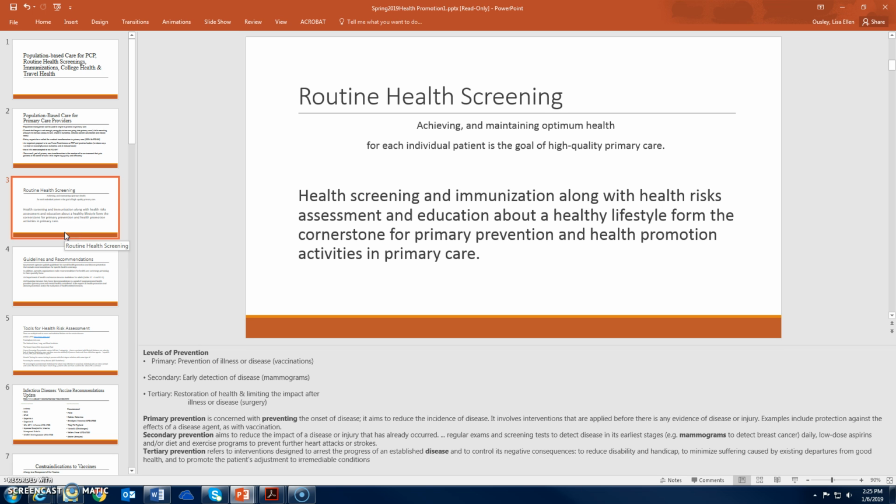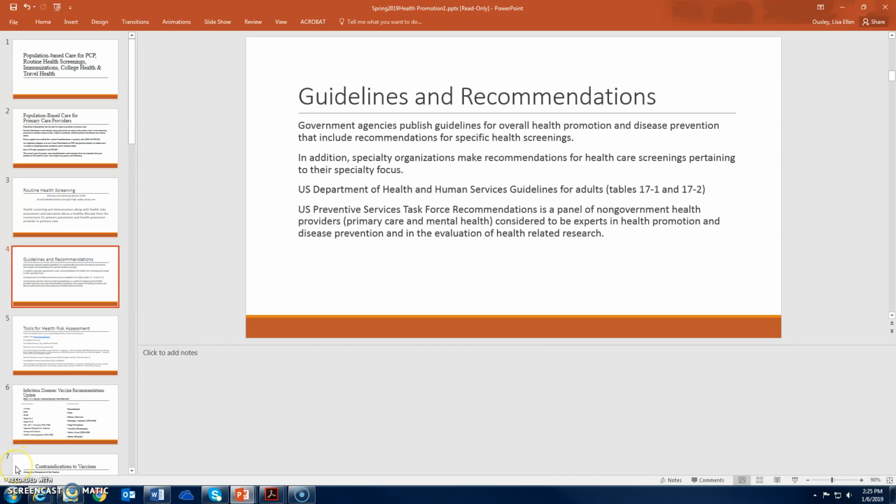So which health screenings are considered routine? It really varies between organizations or agencies making the recommendations, and there are multiple guidelines and recommendations available for us to use as advanced practice nurses. I do think that it's important for us to look at the U.S. Department of Health and Human Services guidelines and what they recommend for all adult age categories.